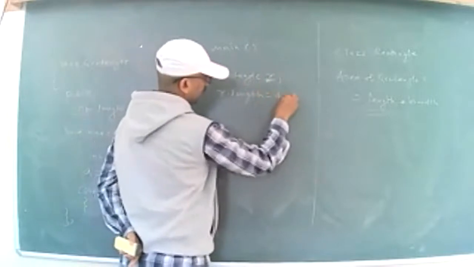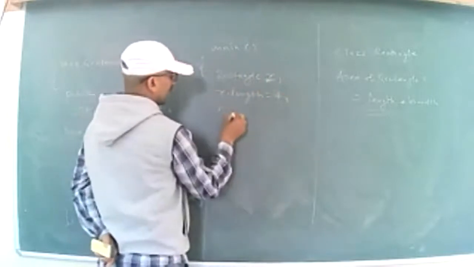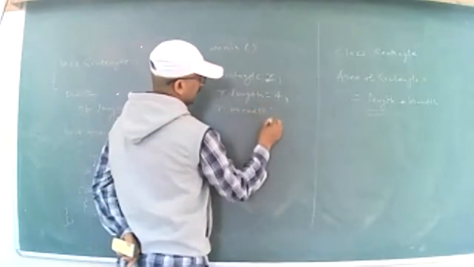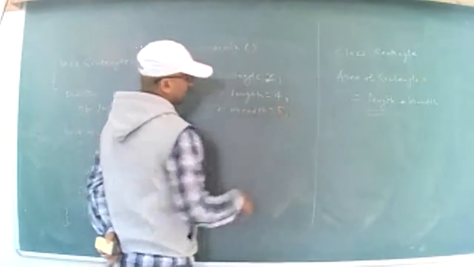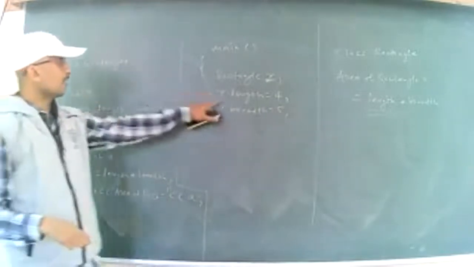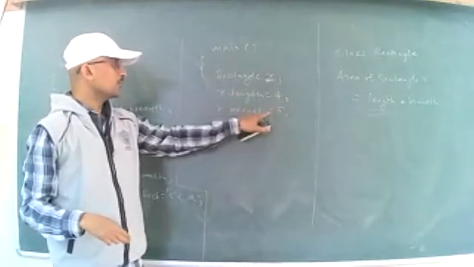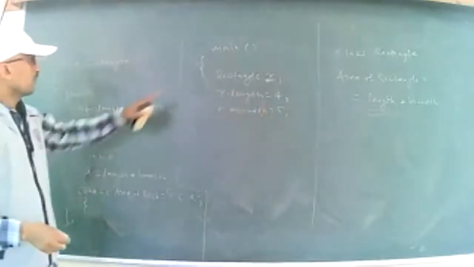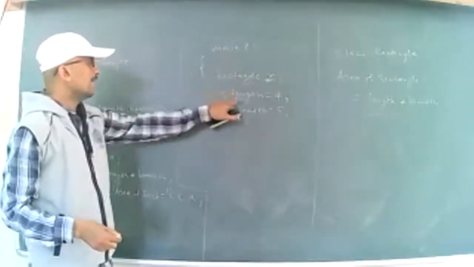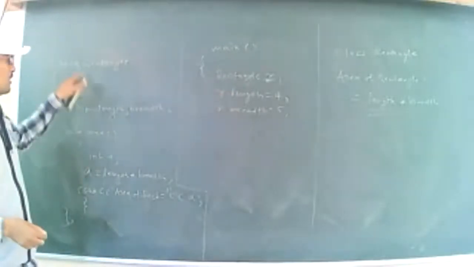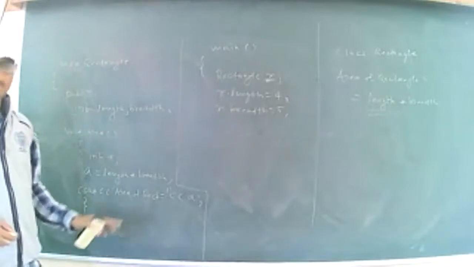I am going to initialize R.length equal to, say, 4 and R.breadth equal to, say, 5. So R.length is equal to 4, R.breadth is equal to 5. This length is going to be assigned to the length from your Rectangle class.